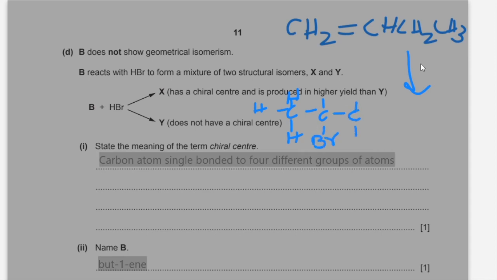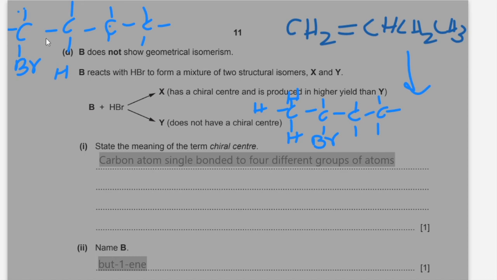I'm not going to write down all of the hydrogen atoms. I'm just going to represent them by these small arrows, and I'll draw the second product over here. Right, so the second product would have bromine bonded to the first carbon atom and hydrogen bonded to the second carbon atom, and the rest of the structure.